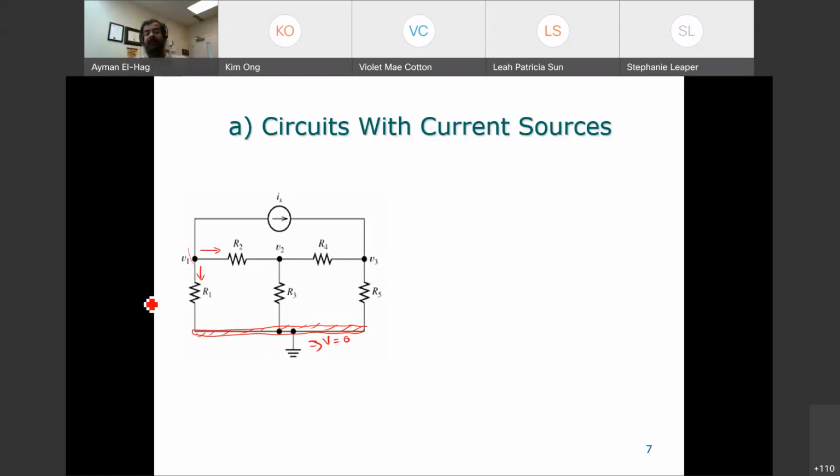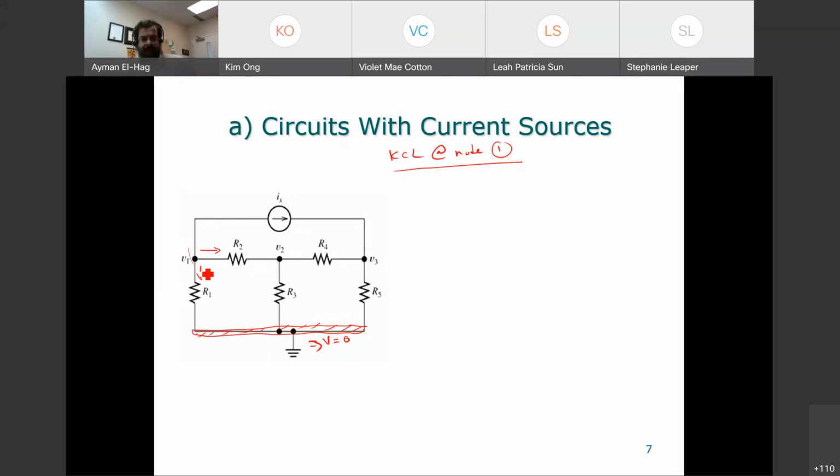When I move to the other node, I reset these currents as if they don't exist, and again I reassign the current directions, assuming again all are leaving. So let's see here, KCL at node 1. Now we will represent the currents in terms of the nodal voltages.